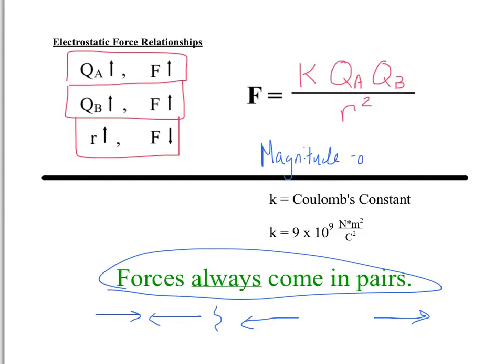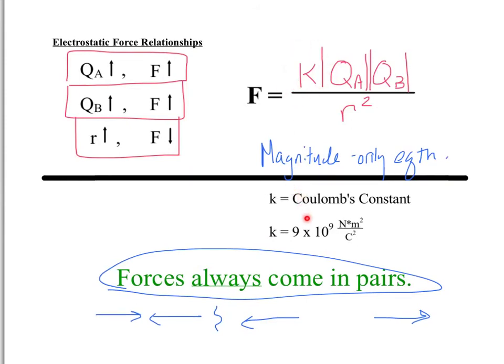So it's a magnitude only equation. And because of that, the charge being positive or negative really doesn't influence this equation. So we actually put absolute value signs around each of our Q values, each of our charge values. And this is now our Coulomb's law equation.